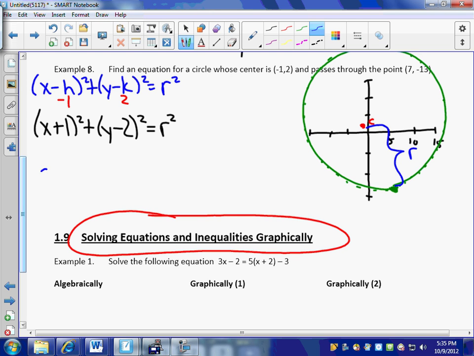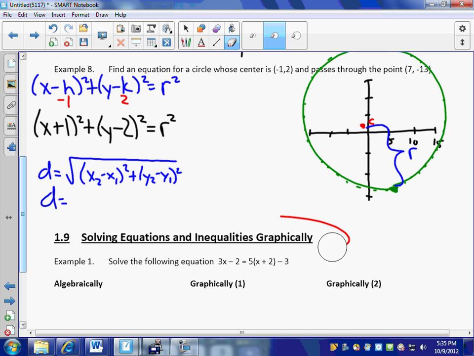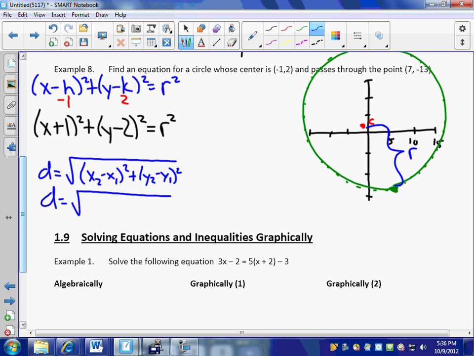The distance formula says that distance is equal to the square root of (x sub 2 minus x sub 1) squared plus (y sub 2 minus y sub 1) squared. So distance is equal to the square root of (x sub 2 is 7 minus x sub 1 is negative 1) squared, plus (y sub 2 is negative 13 minus y sub 1 is 2) squared.